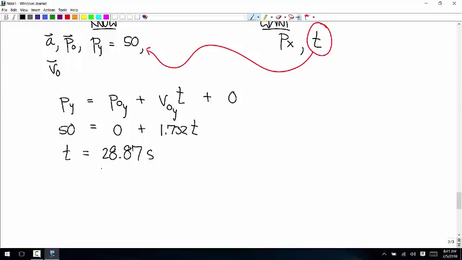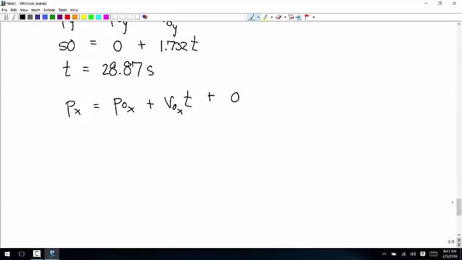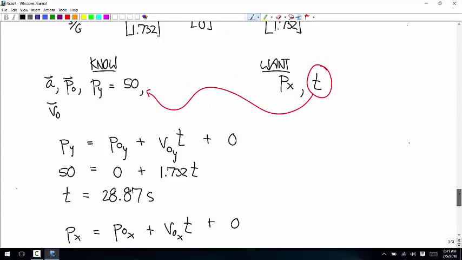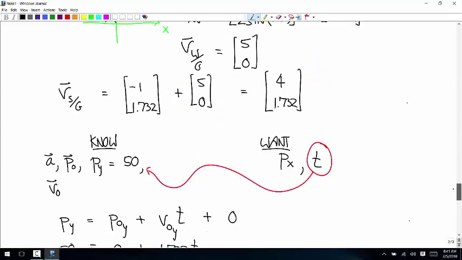Okay, so now that we have the time, we're going to use px is equal to p0x plus v0x times time plus no acceleration part. So px is equal to 0 plus, what was the x component?